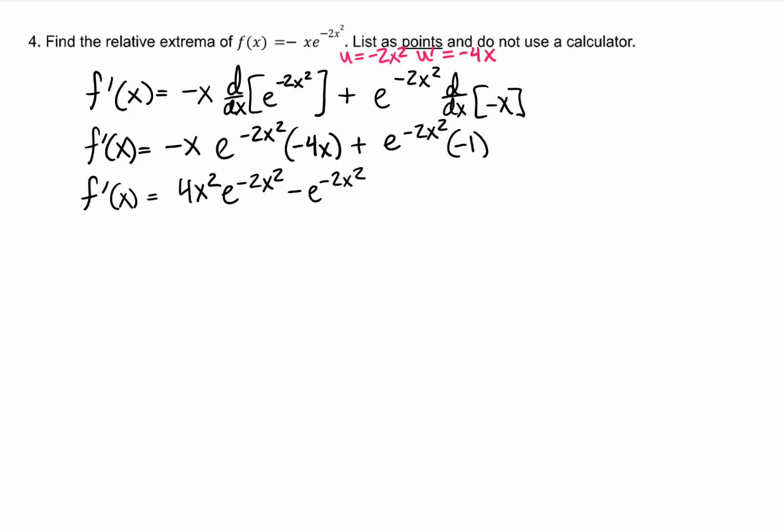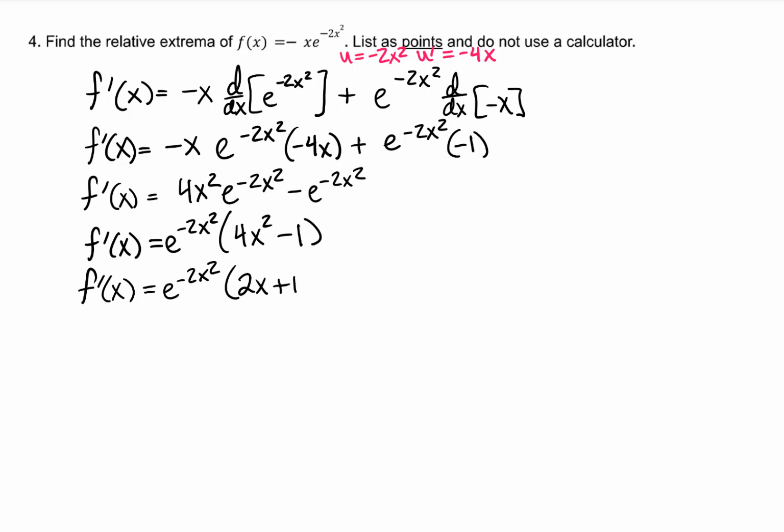And why did I always ask for fully factored form? Because it needs to be fully factored in order for you to find the zeros, or in this case, the critical numbers. Critical numbers are where the derivative is equal to 0 or where the derivative is undefined.